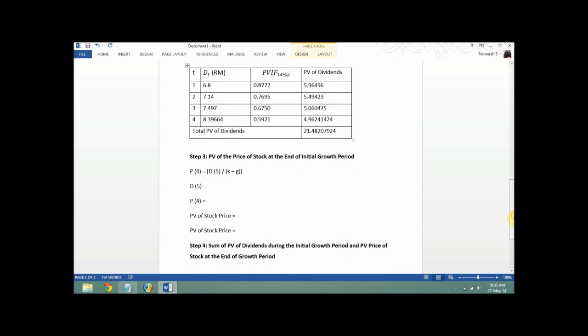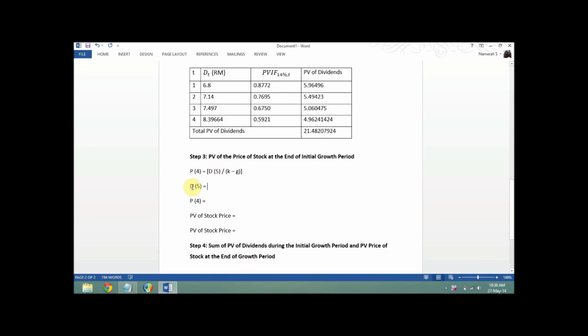Now we move on to step 3, where we calculate the present value of the price of stock at the end of initial growth period. To calculate this, we first have to calculate the price of stock at the end of initial growth period, for which we will use this formula: price of stock at the end of initial growth period is equal to dividend in the beginning of constant growth period divided by K minus G, where K is the required rate of return and G is the growth rate.